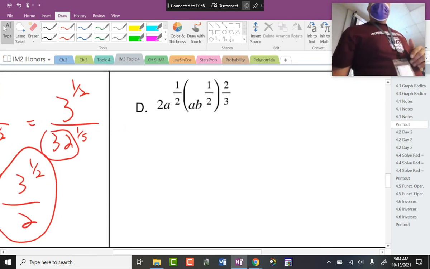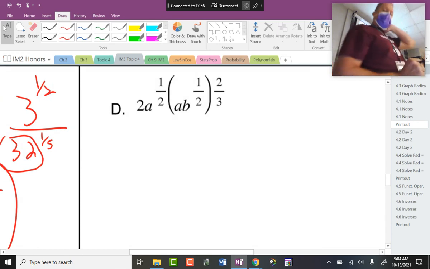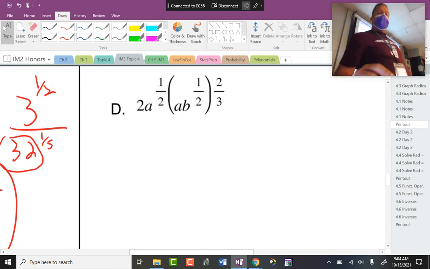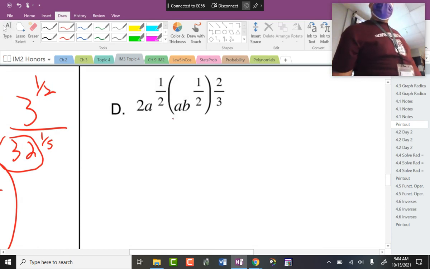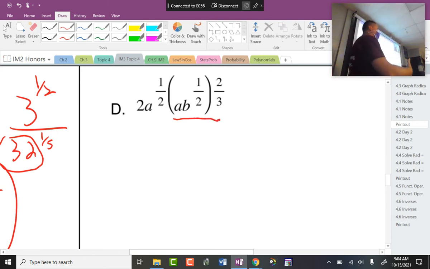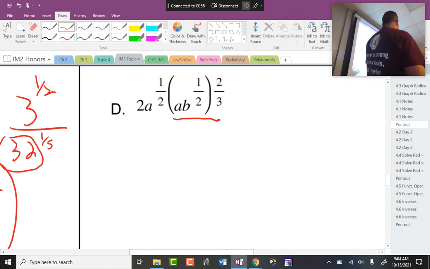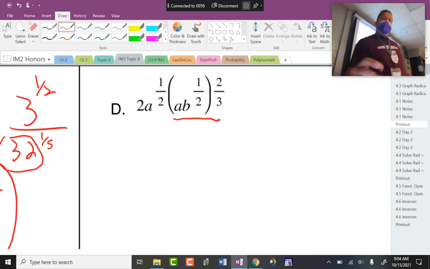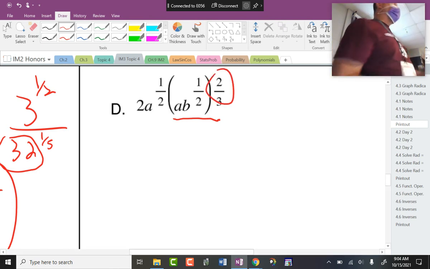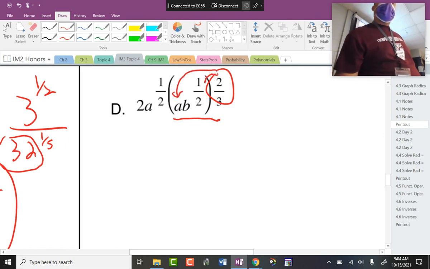Okay, and then last but not least, just keep your simple order of operations done with these fractional exponents. And I can argue that this is exponents that can actually be done, or parentheses if you want. Hey, I got to clear these parentheses by getting this exponent taken care of. So taking care of that exponent means I distribute that power.